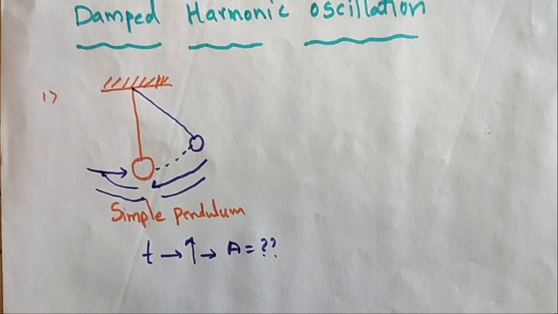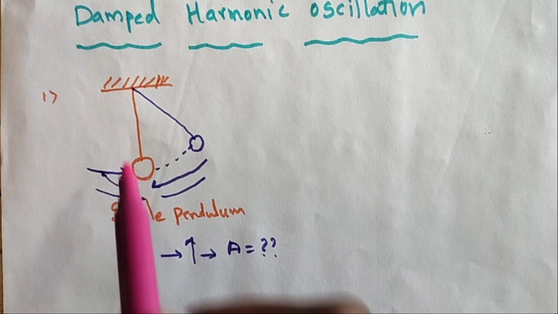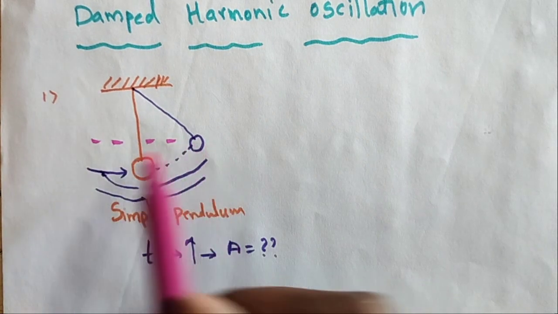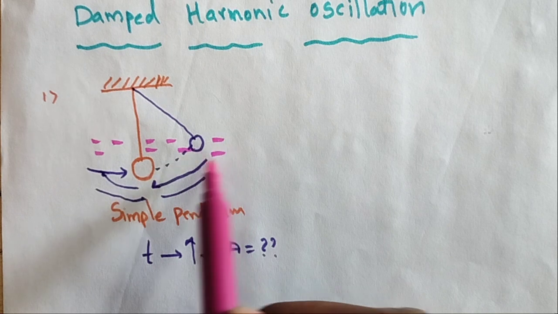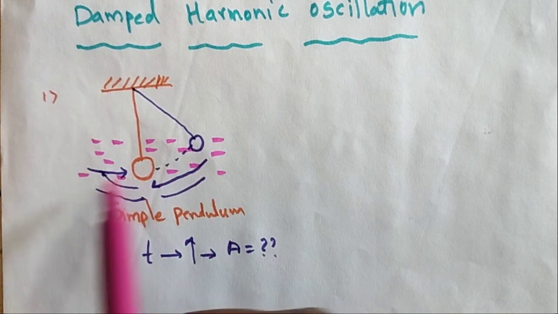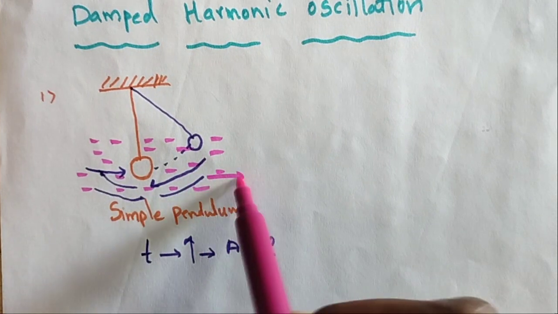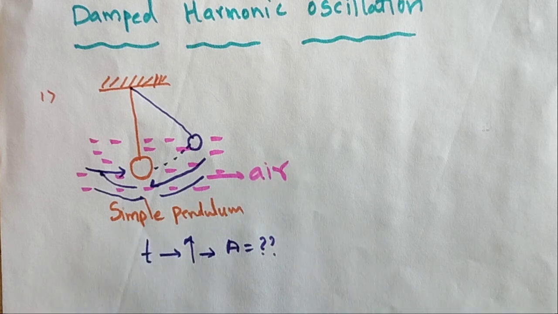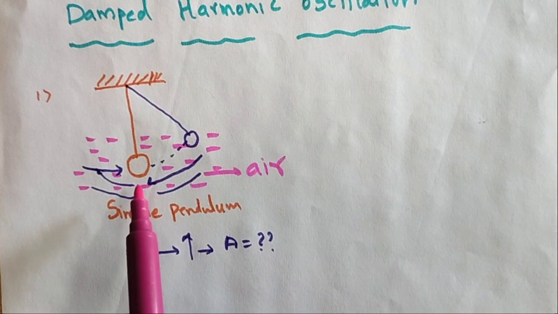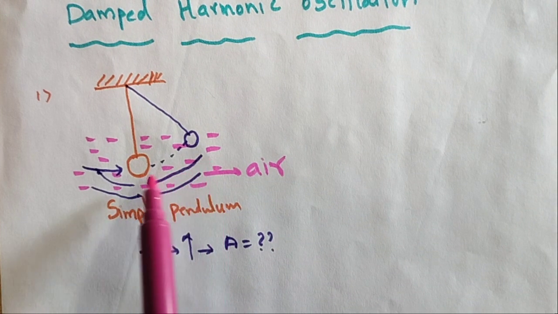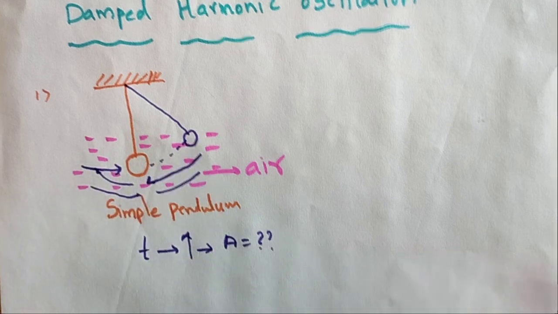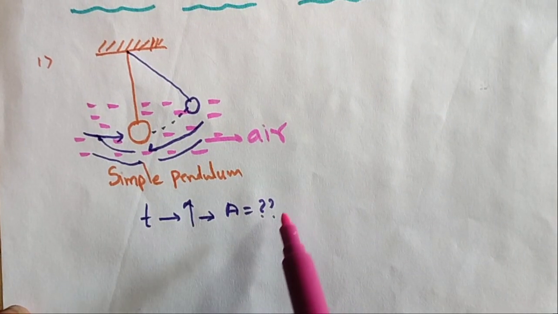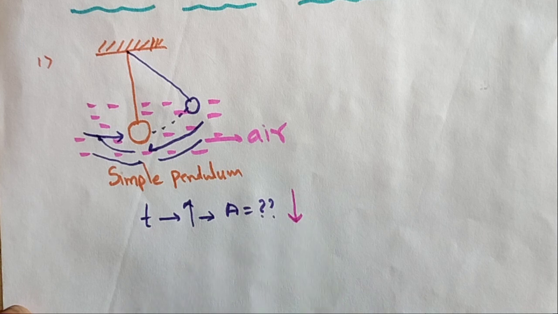Here I am taking one medium. This simple pendulum swings in an air medium. So when the time increases, what is the amplitude of the simple pendulum? 100% its amplitude will decrease.